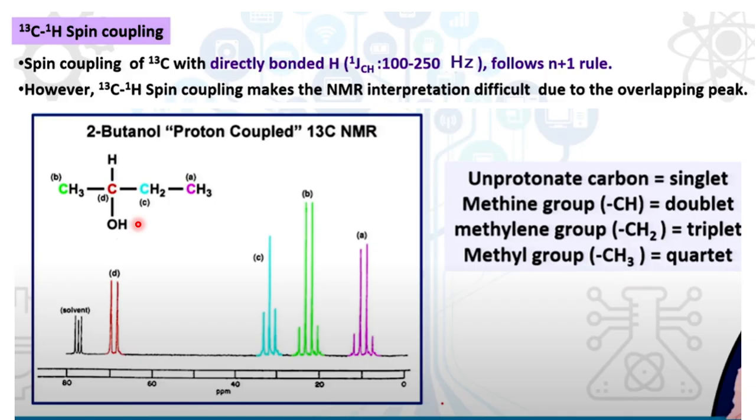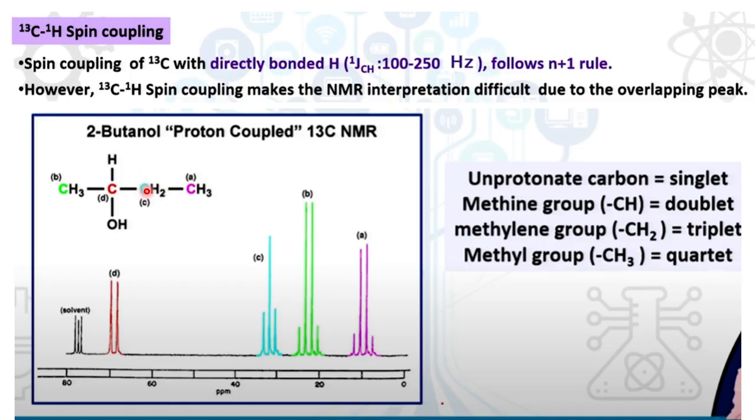Now 13C-1H spin coupling makes the NMR interpretation difficult due to overlapping peaks. That carbon and that proton will overlap, because all protons are NMR active.